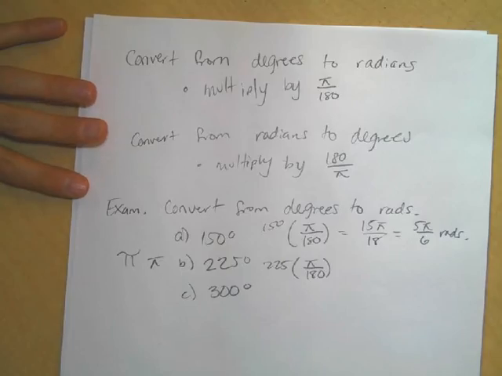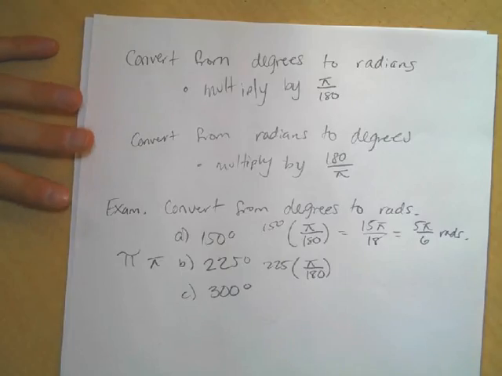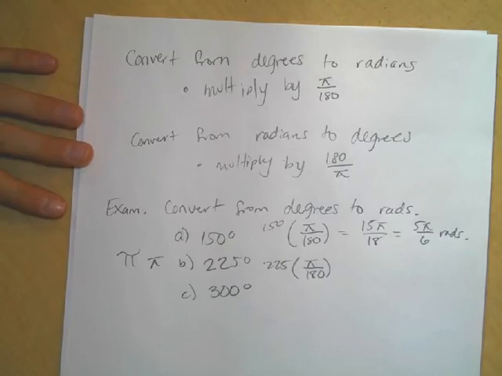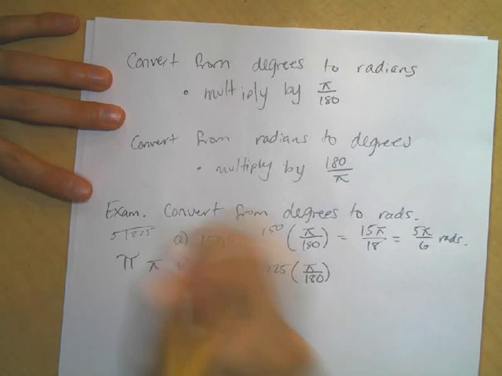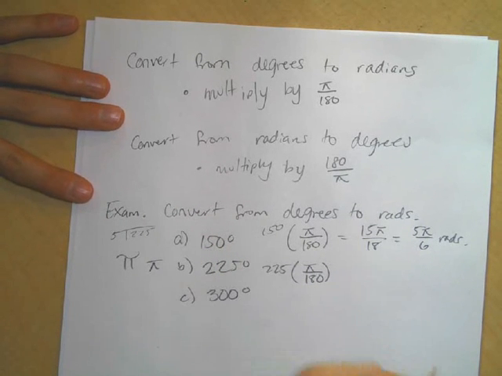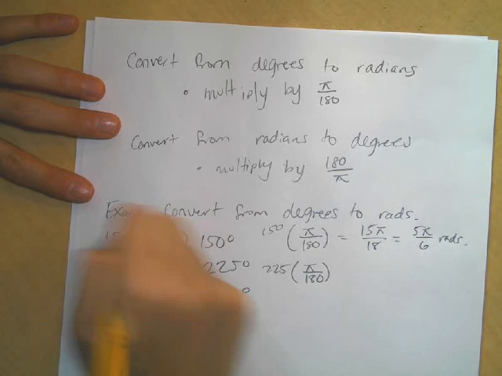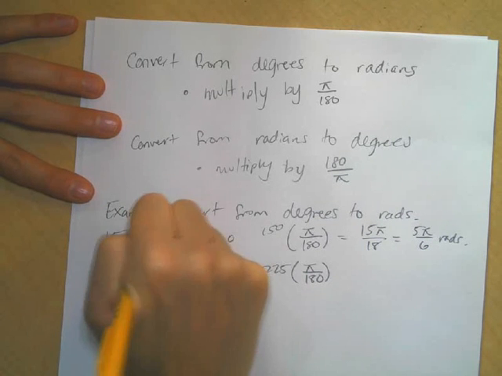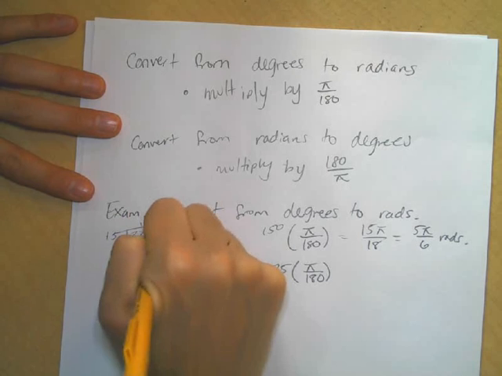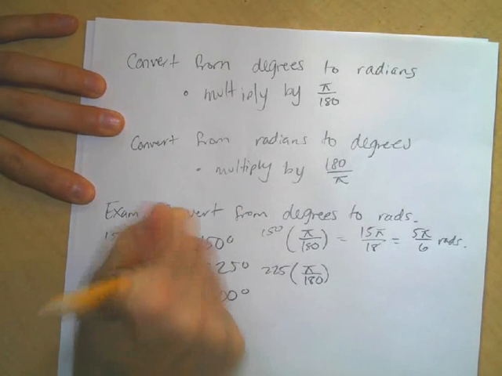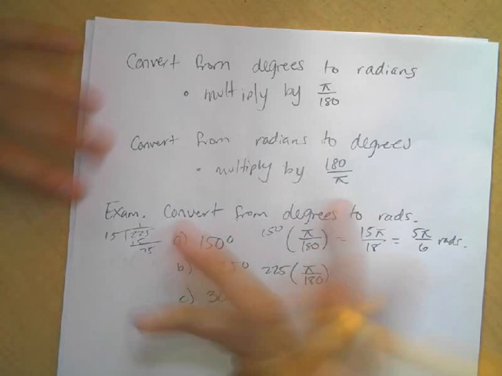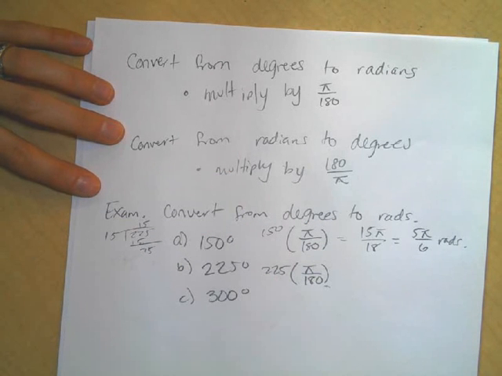So we do the second one, 225 times pi over 180, okay? Well, they can both be divided by 5, right? Probably both by 15, actually.